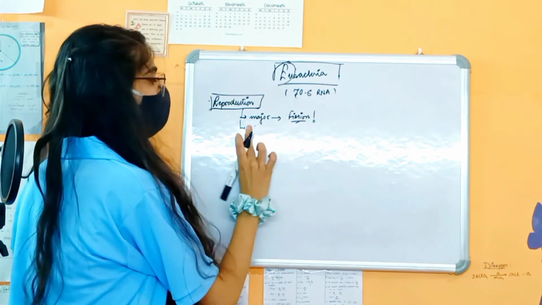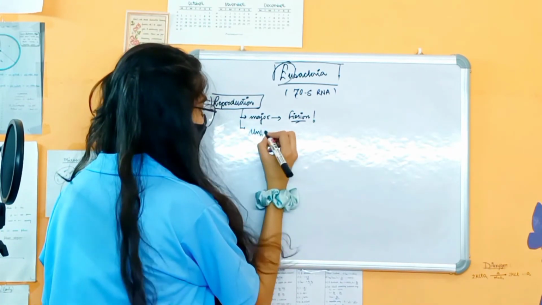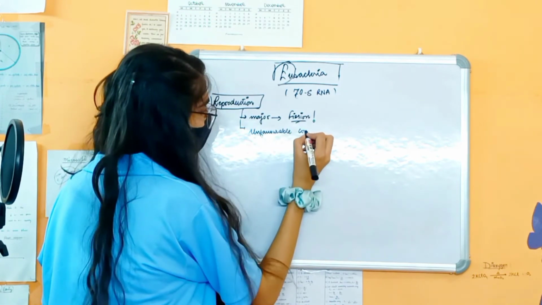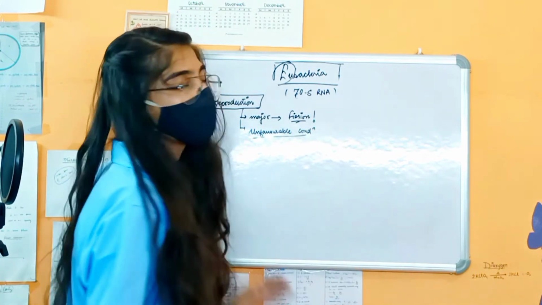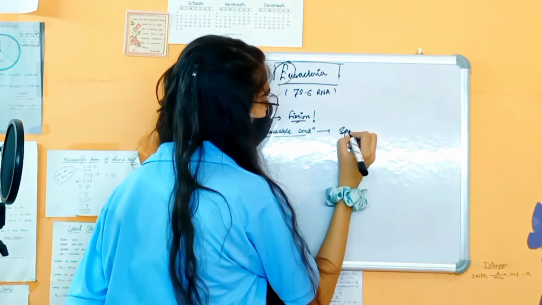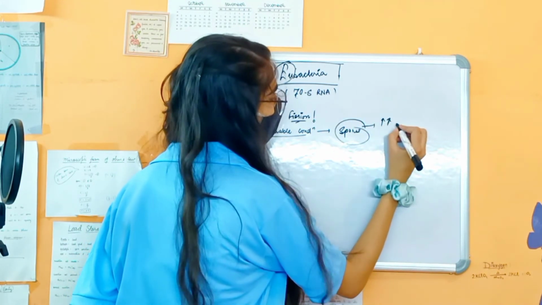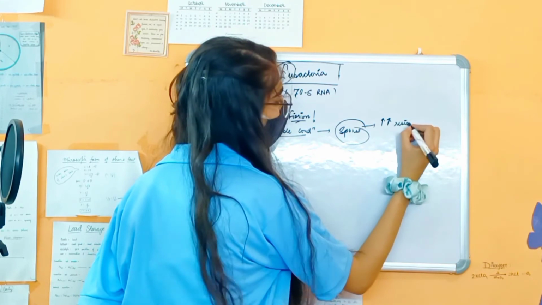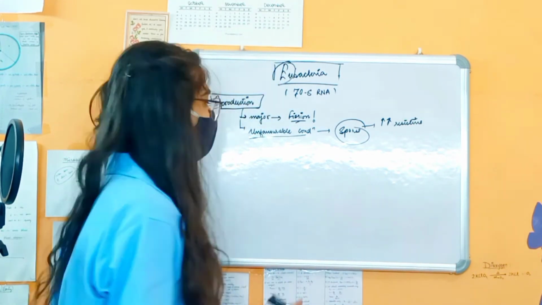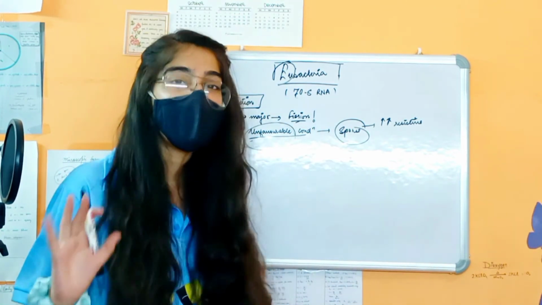Before sexual reproduction, let's see what they do in unfavorable conditions. When unfavorable conditions apply, they form spores, and these spores are highly resistive. Resistive to environmental factors, so that these unfavorable conditions do not matter anymore.